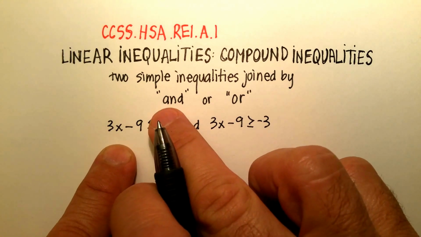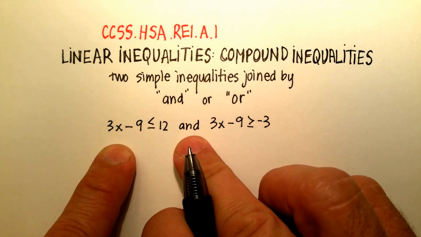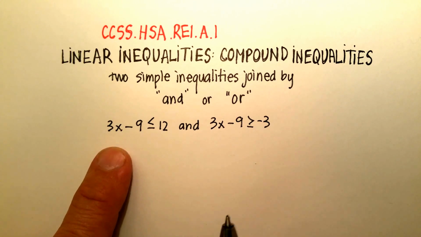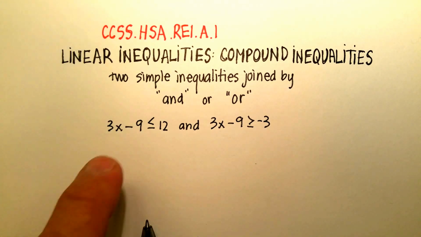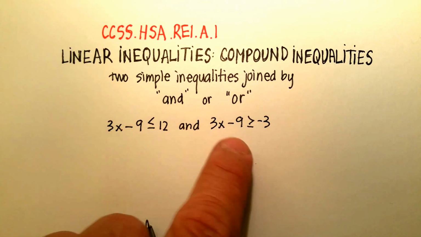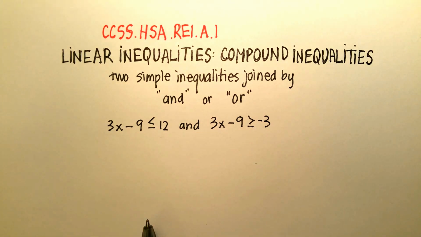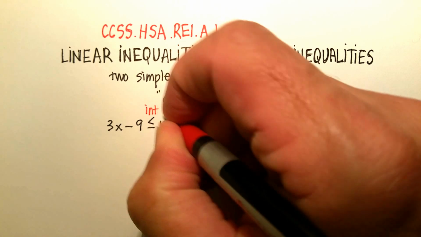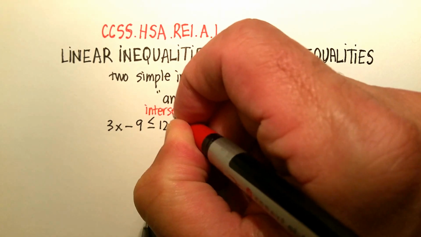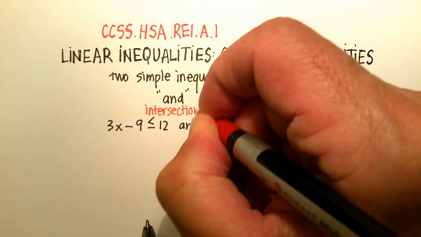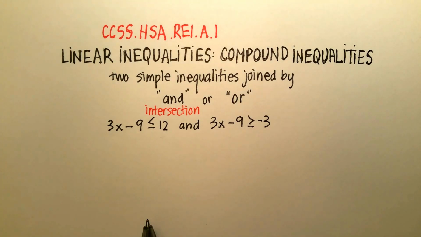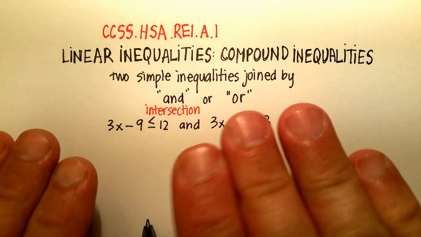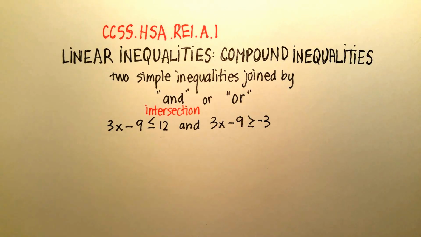Now with an and statement like this, you're probably going to have what's called an intersection between the two inequalities. You're going to have something called an intersection between the two inequalities. That means that they're going to overlap one another when you actually graph them on a number line.